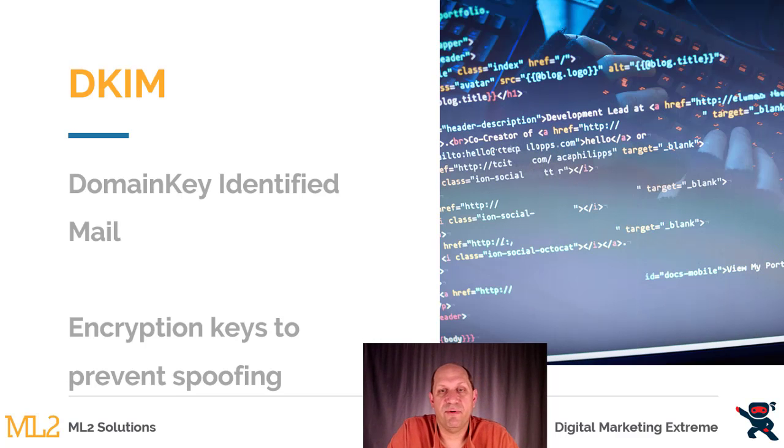Another thing that can help email deliverability is something called DKIM, which stands for Domain Keys Identified Mail. This is basically where an email message is encrypted so that you know that the message when it's received is actually the message that was sent. Encryption keys, public and private keys, is a very complex thing.